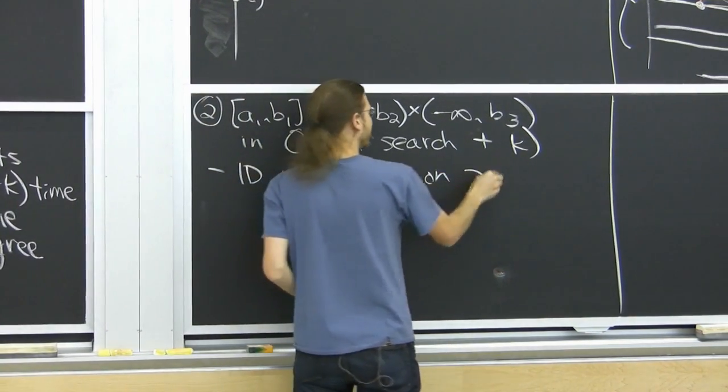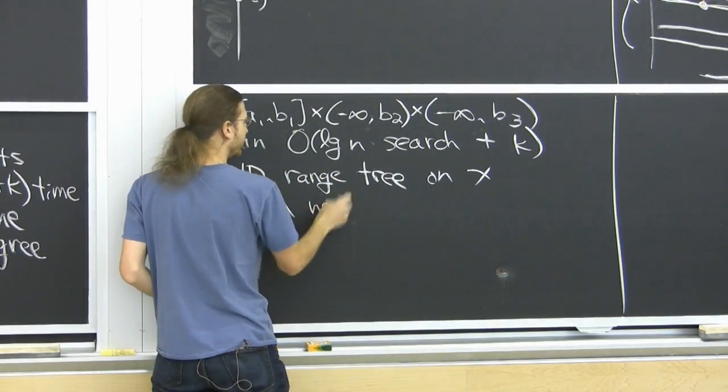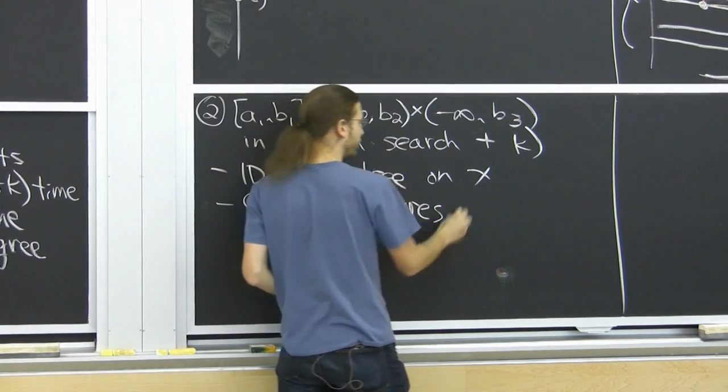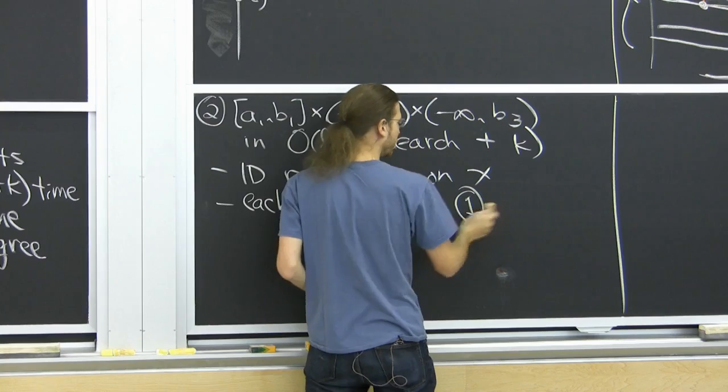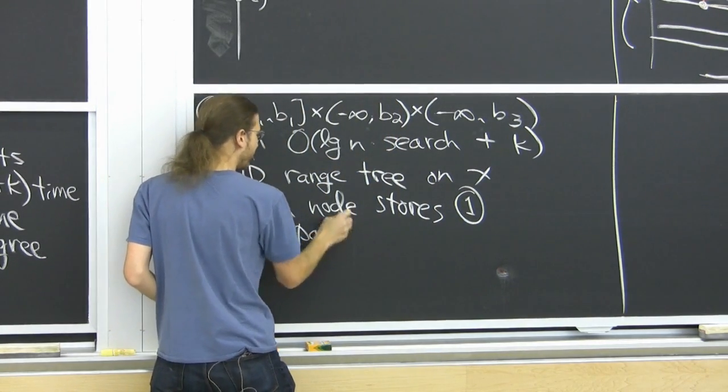Just do a 1D range tree on X, and then each node stores that data structure, 1, on points in the subtree.